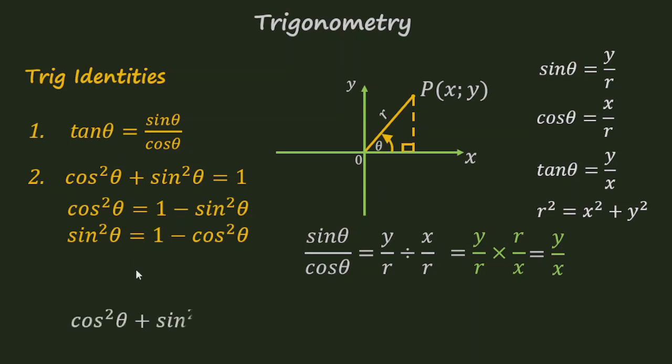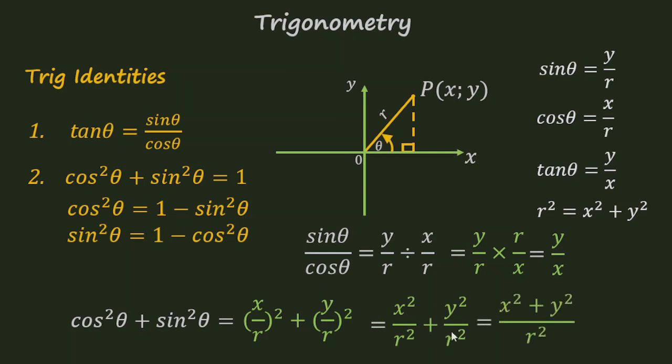Similarly, for cos squared theta plus sine squared theta, we can write sine and cos in terms of x, y, and r. We know that cos theta is x over r, so we square that. Sine theta is y over r, and then we square that. We can simplify this, find the lowest common denominator, which is r squared.